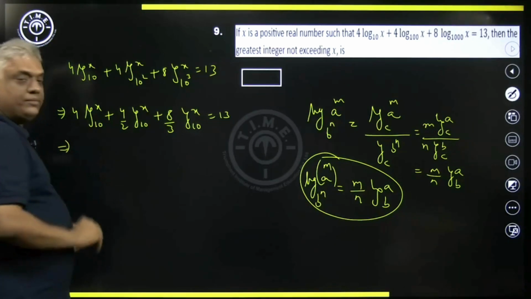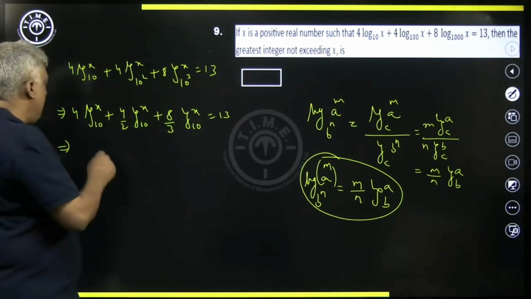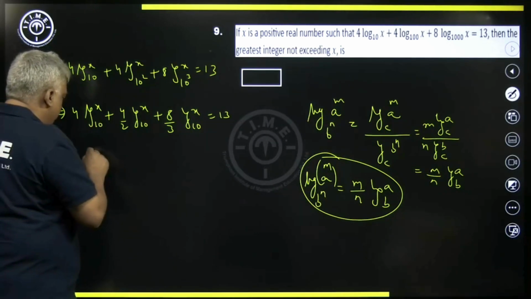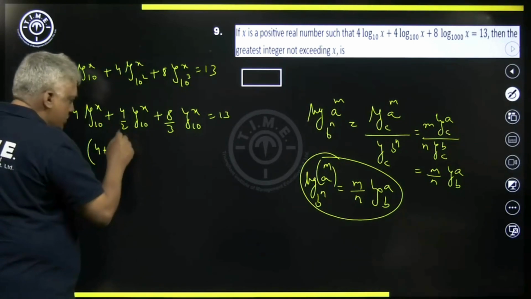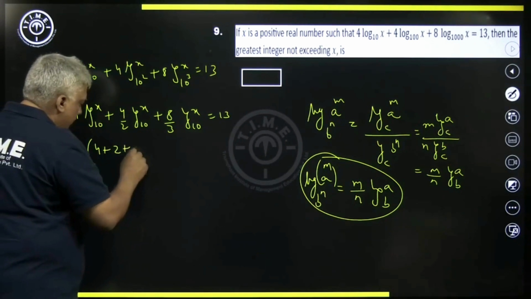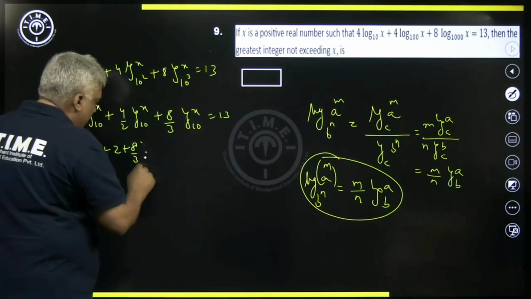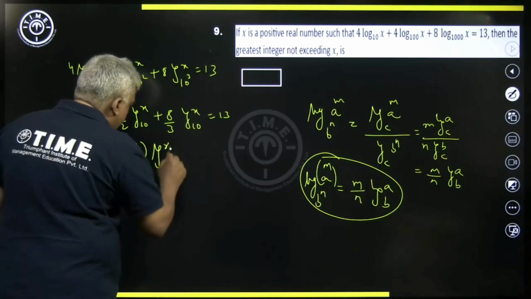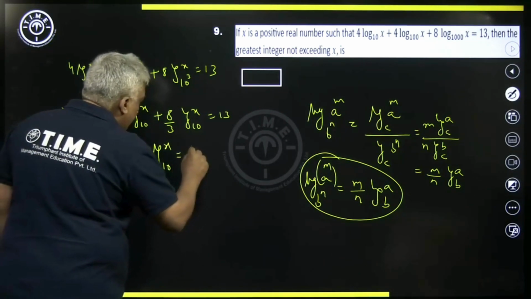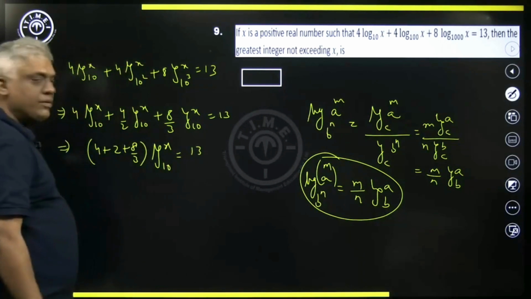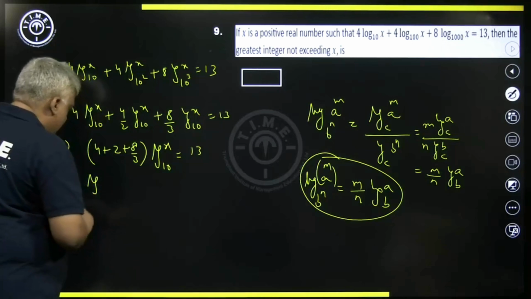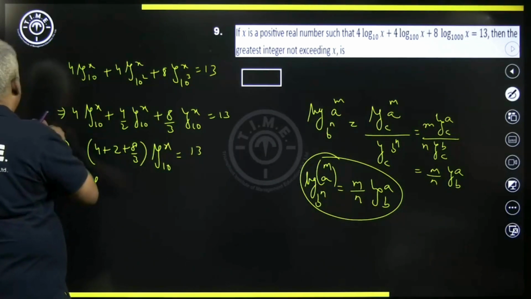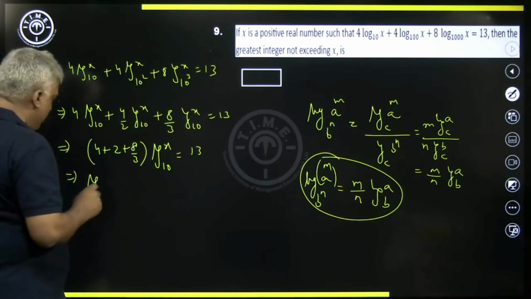Now, we can take log x base 10 common. So, here we will get 4 plus 4 by 2 is 2 plus 8 by 3 times log x base 10, and this is equal to 13, right.